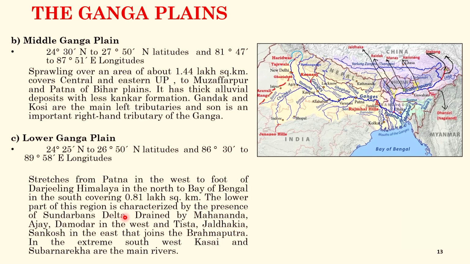The lower part of this region is characterized by the presence of the Sundarban Delta. It is drained by Mahananda, Ajay, Damodar on the west side and Tista, Jaldhaka, Sankosh in the east that join the Brahmaputra. In the extreme southwest, Kasai and Subarnarekha are the main rivers of the lower Ganga plain.